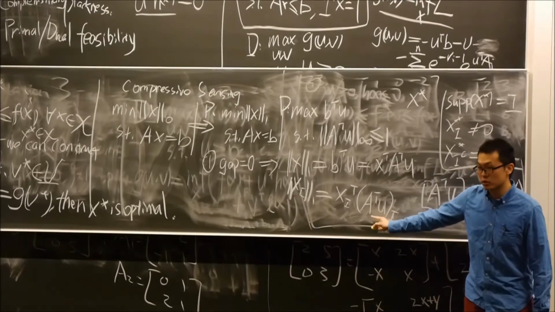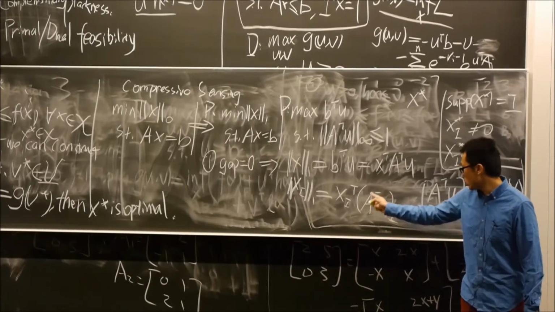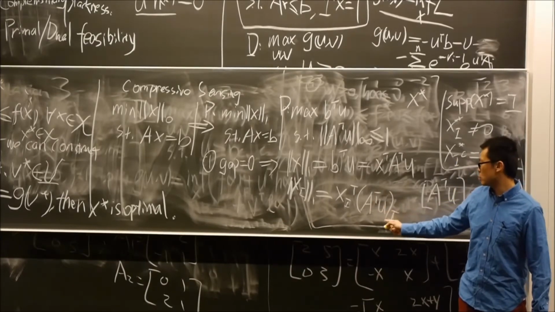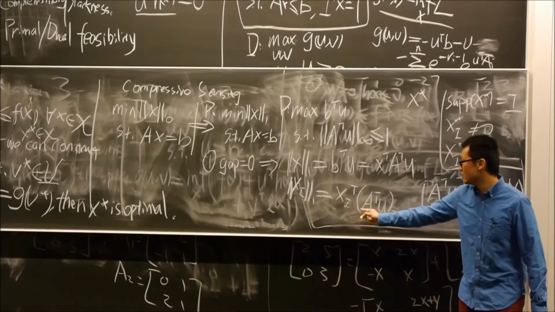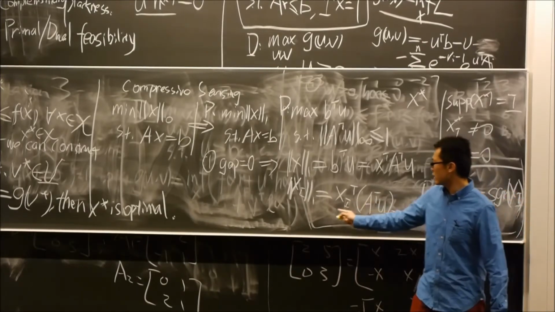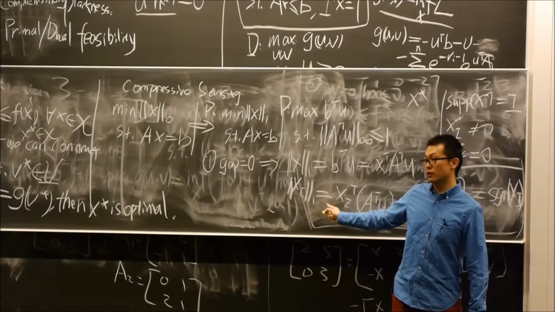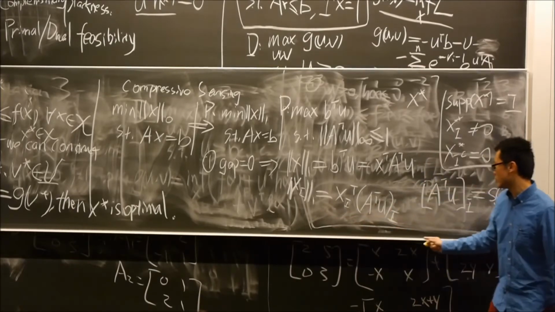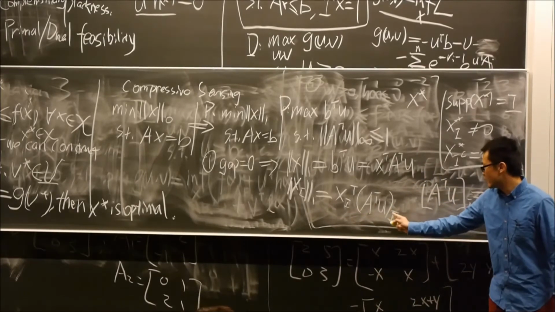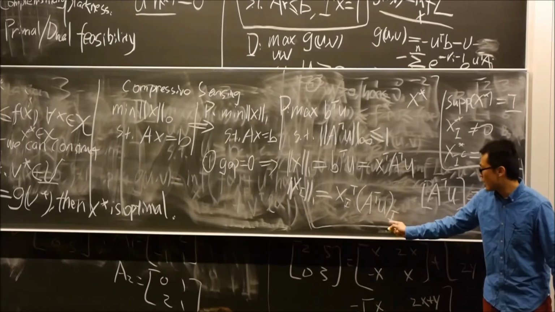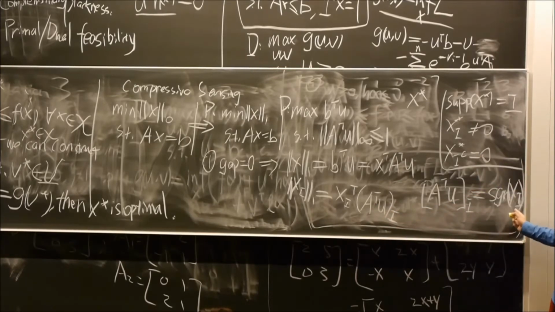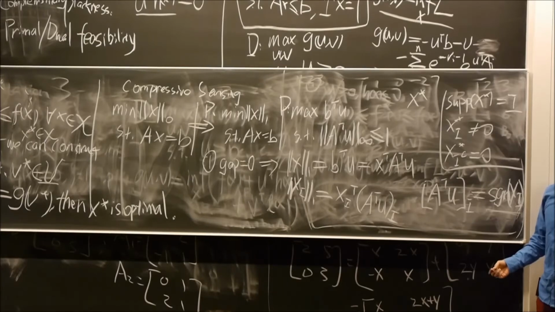If this whole thing is not equal to the sign of x_I, then it doesn't give me the equality constraint here. So I argue that for the support set I of A transpose u, this is simply the sign of x if I want this equality to be satisfied. Is that making sense? Okay.